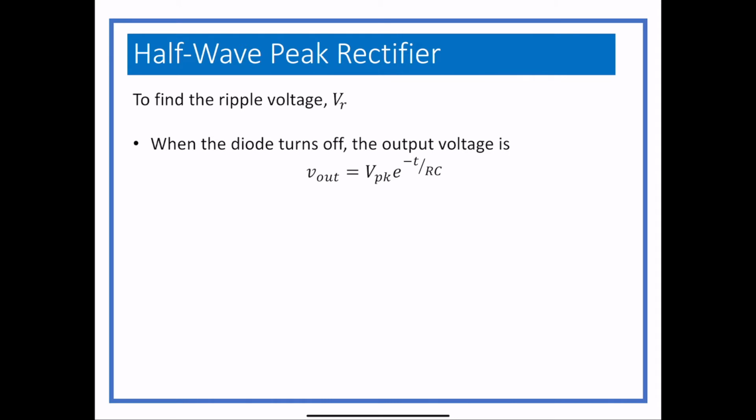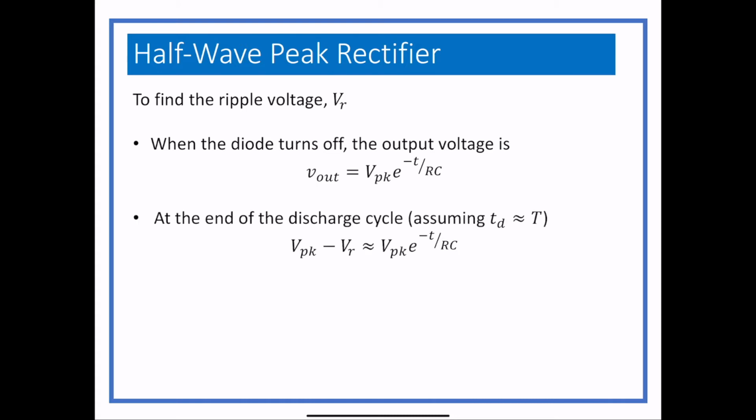This is basically the same function that we looked at when you were doing charging and discharging and transients in capacitors when you were in Circuits 1. So this is kind of the same discharging waveform.